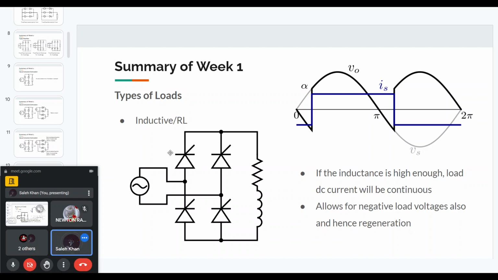You can include some thyristors, some diodes, resistors, inductors, and voltage sources. You will have to learn how to operate LTspice or MATLAB or Simulink. You can search on YouTube how to make a rectifier circuit in MATLAB or LTspice.